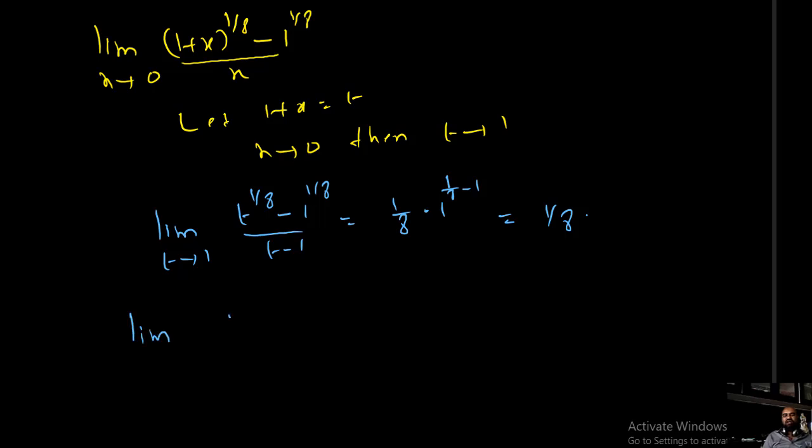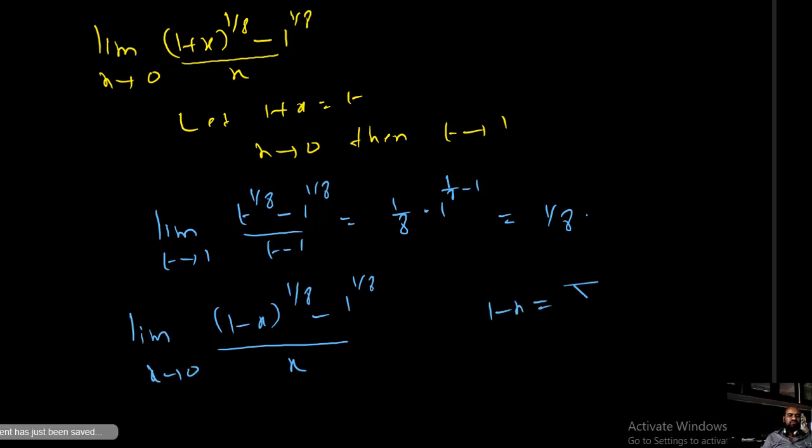Next part 2 I want to take. Part 2, limiting value of 1 minus x whole power 1 by 8 minus 1 power 1 by 8 by x, x is tending to 0. Here also I want to take 1 minus x as some k. Here I want to take 1 minus x as a k, x is tending to 0, then k is tending to 1 only.